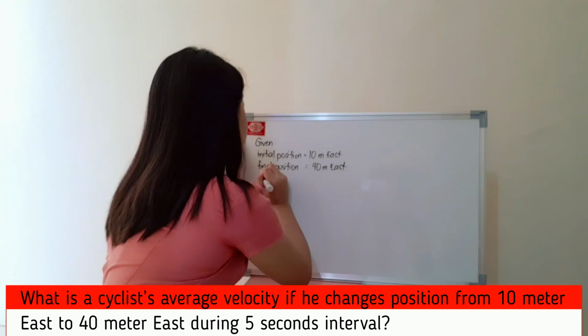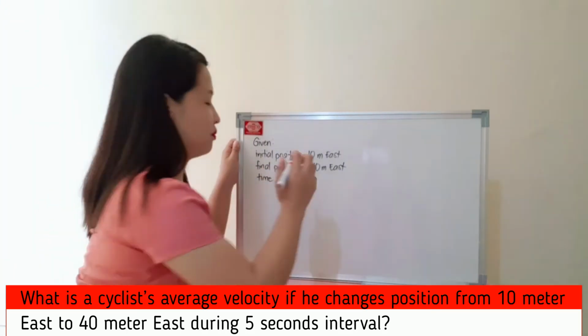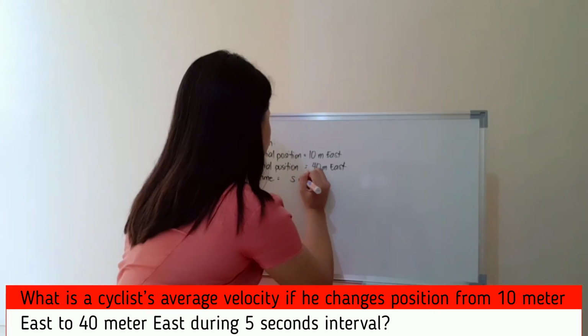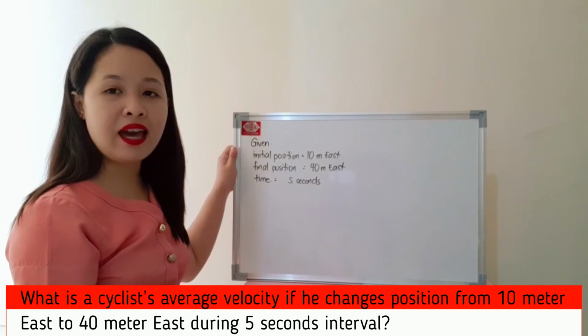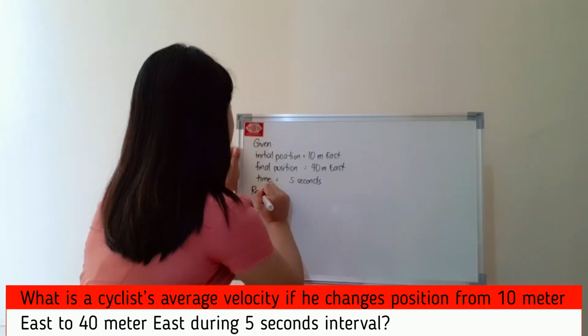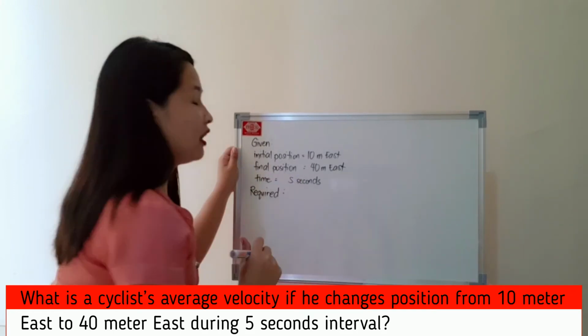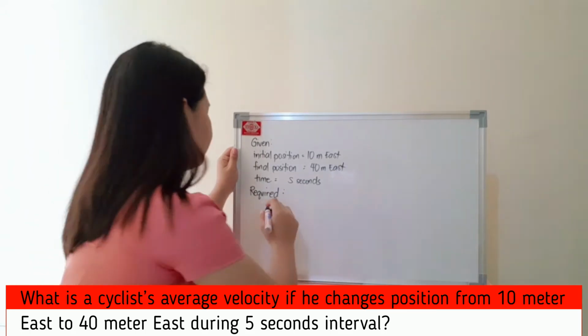And the time of 5 seconds. Next, write the required. Required, or what is being asked. And that is velocity.